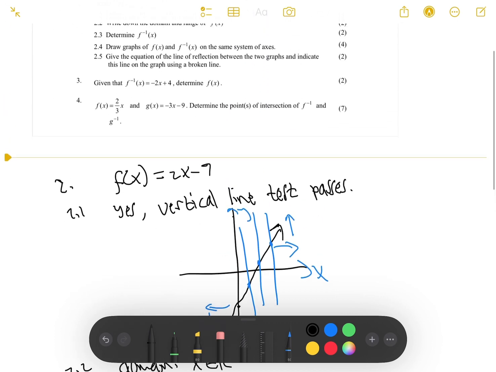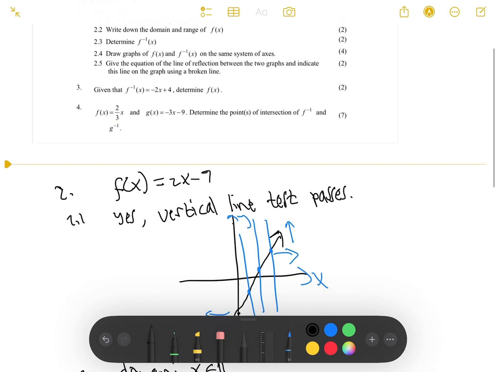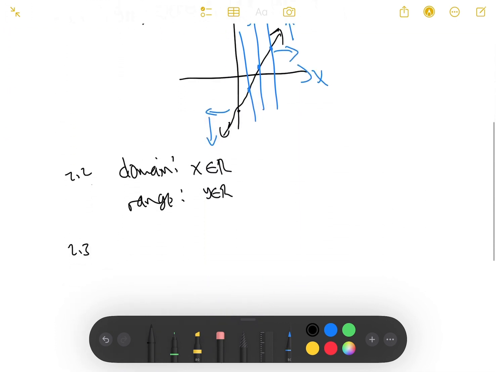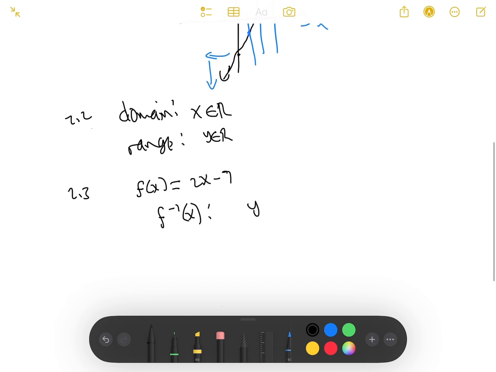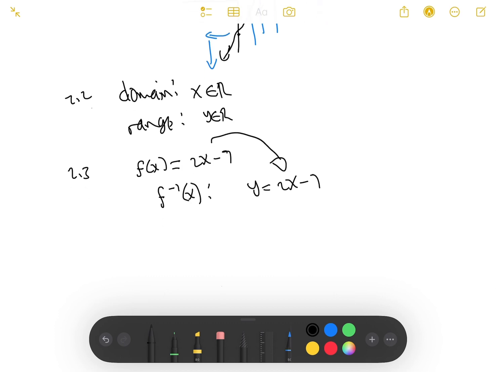And then 2.3, they say determine the inverse function. So we know that f of x equals 2x minus 7. Therefore, what becomes our inverse? We start with y equals 2x minus 7. Then here we interchange x and y, or swap them, to find the inverse. So we have x equals 2y minus 7.